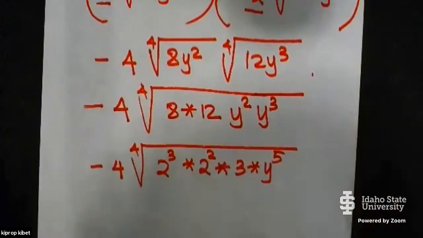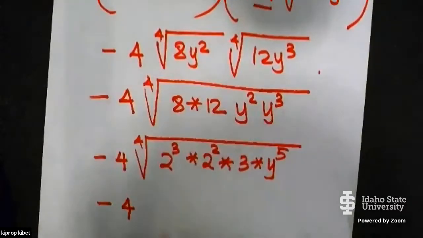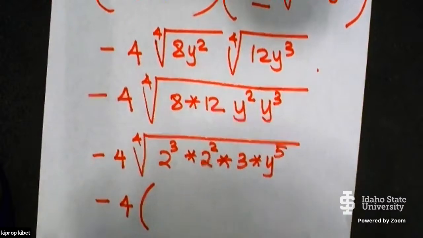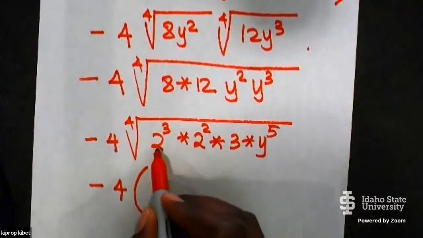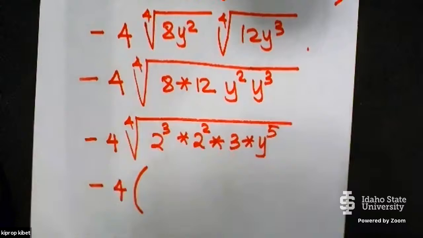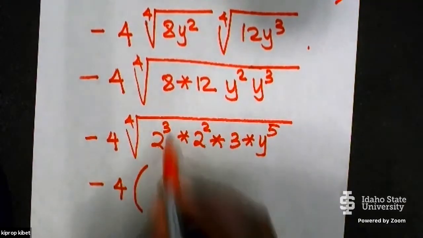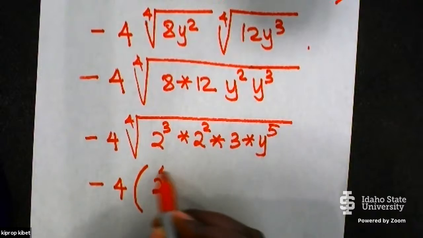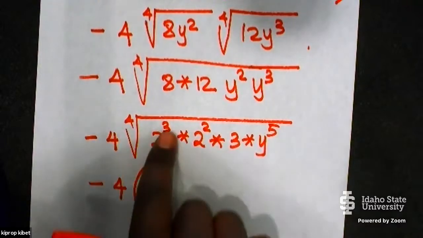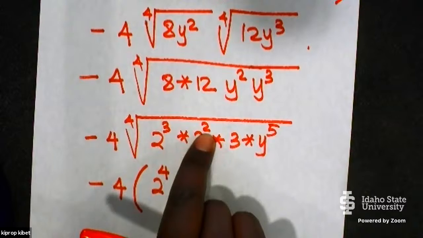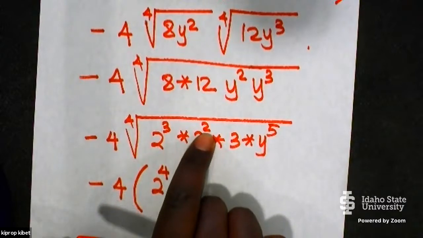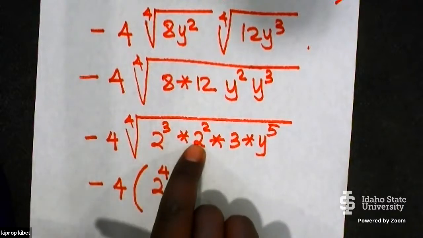So the next step is carry again minus 4 there. Okay, and then you can put the brackets here. So we can make 2's to be 4, right? So we can make 2 to be 4 there. So they are 5, right? So what will remain?